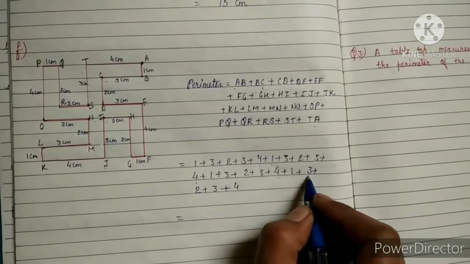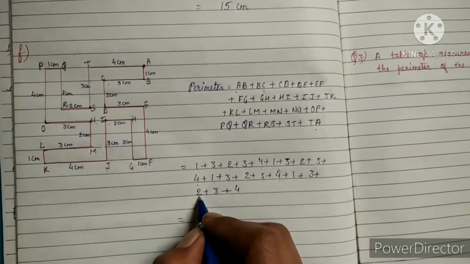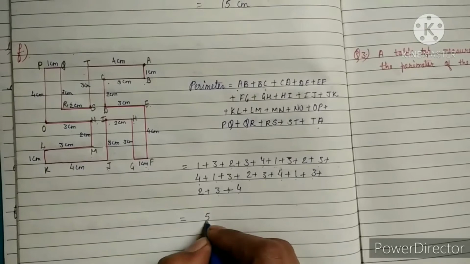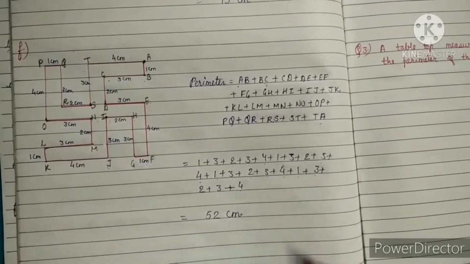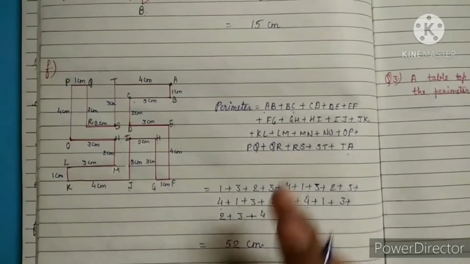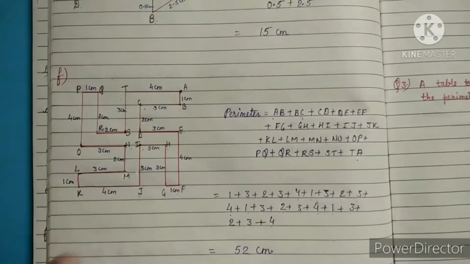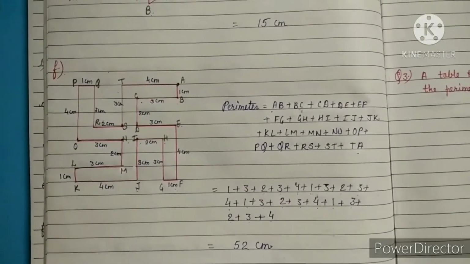Okay, then 43, 45, 48, and 4, 52 centimeter. So the perimeter of this swastik figure is 52 centimeter. So here we completed question number 1.